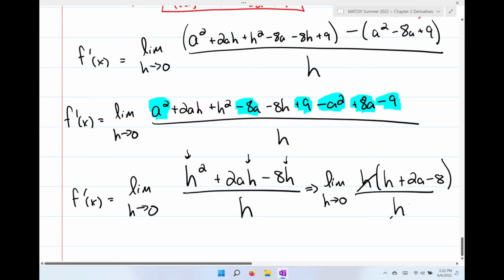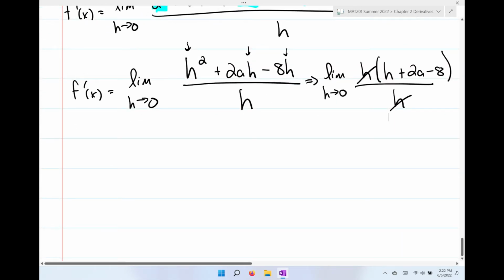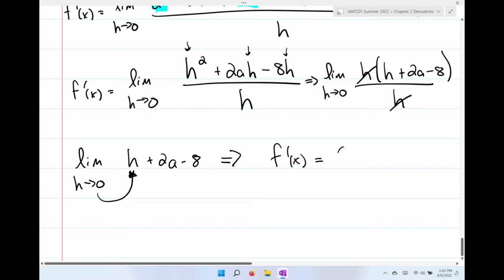The h's reduce. You get the limit as h approaches 0 of h plus 2a minus 8. And now when you use direct substitution, our derivative, f prime of x, is going to equal 2a minus 8.